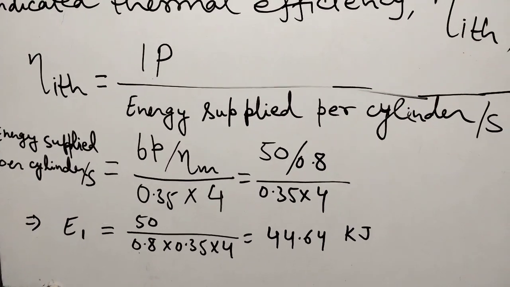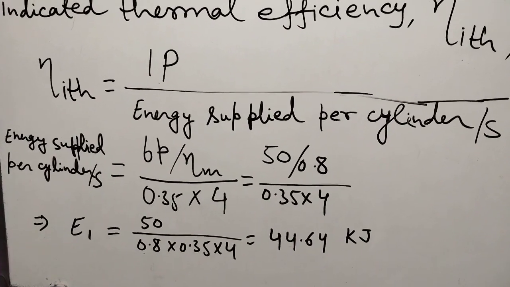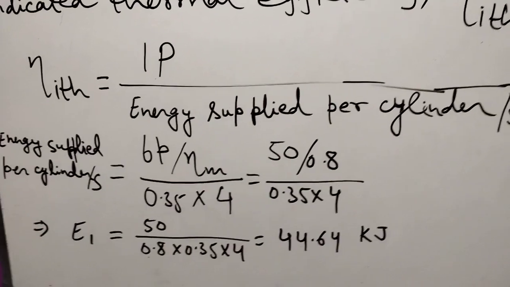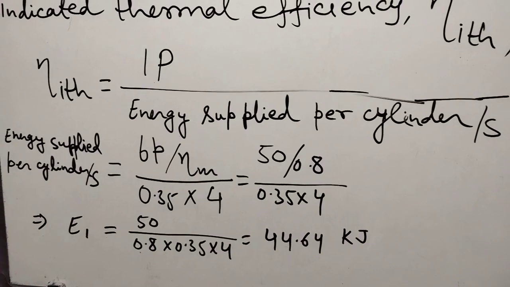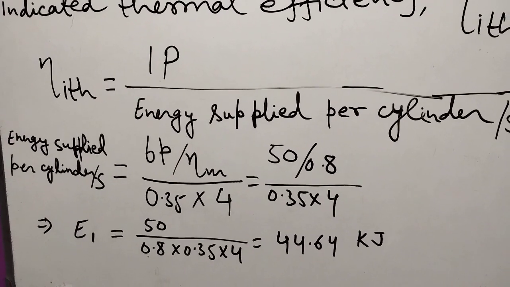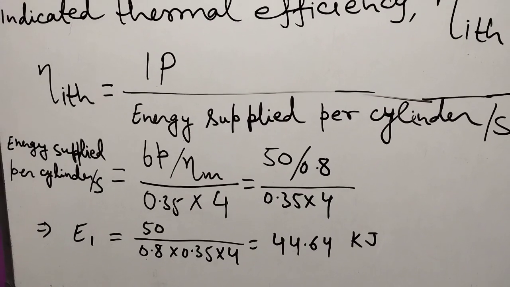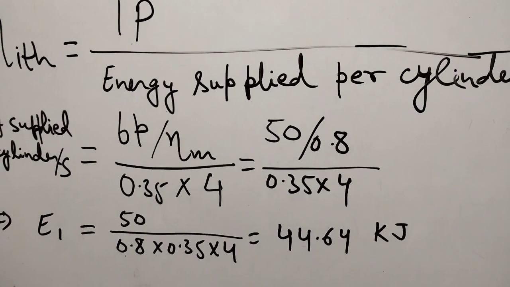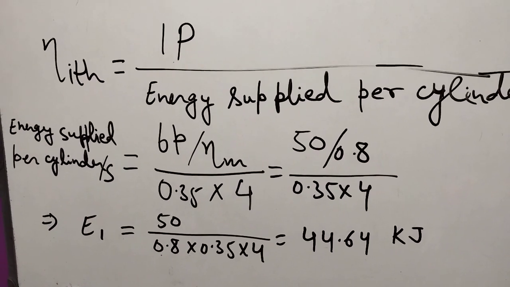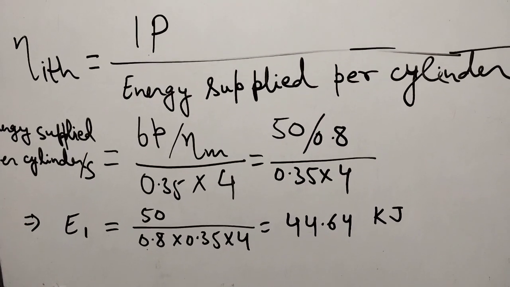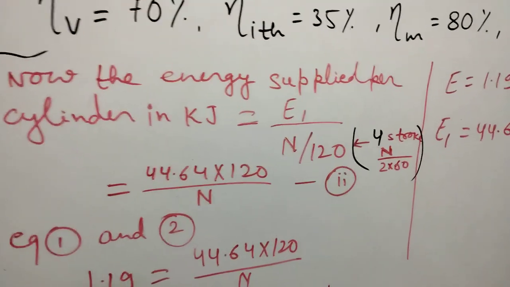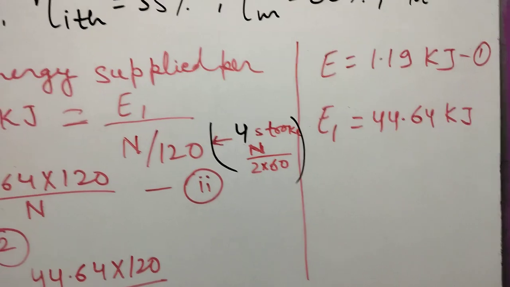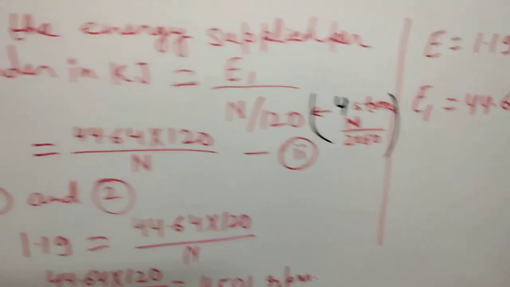We find the per cylinder energy supplied equal to IP divided by eta ITH and divided by 4, because here 4 cylinders are there. IP equals BP divided by mechanical efficiency. We put 50 divided by 0.8, and the new energy supplied per cylinder per second value is 44.64 kilojoule. Earlier we found E equal to 1.19 kilojoule and E1 is equal to 44.64 kilojoule.